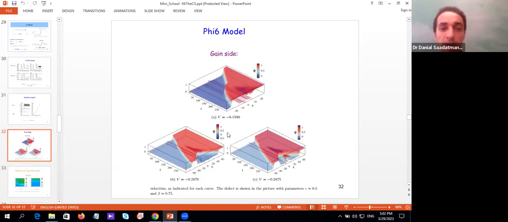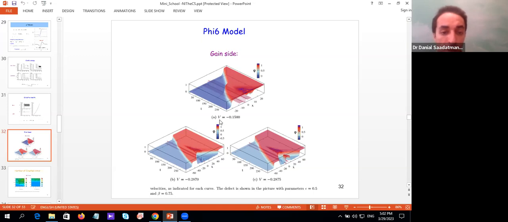Another important thing is the interaction of the φ^4 and φ^6 kinks with the PT-symmetric defects. In fact, here we found very interesting phenomena during the interaction of the kink with the PT-symmetric defects. In the φ^6 model, as you can see in the top figure, when the kink comes from the gain side and interacts with the PT-symmetric defect, during the interaction it produces some phonons, and phonons can be seen in the figure.